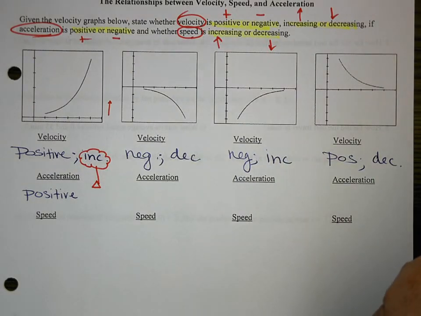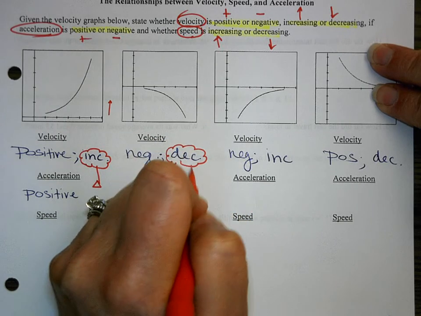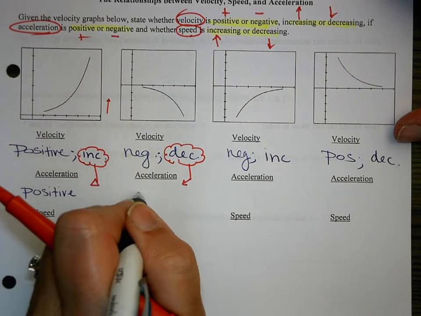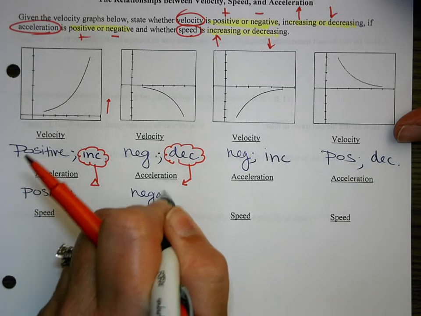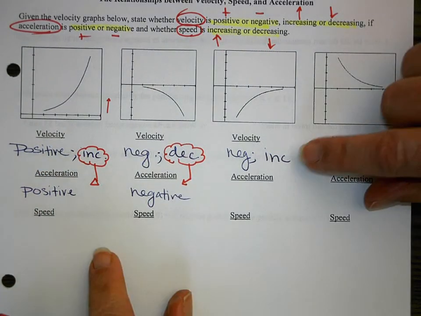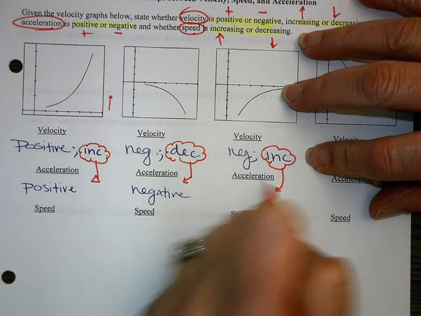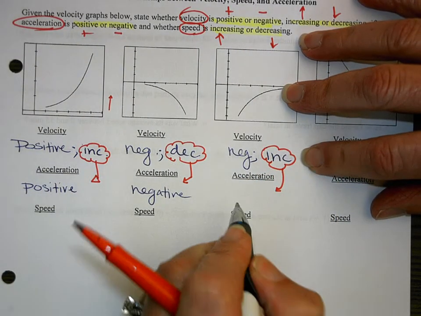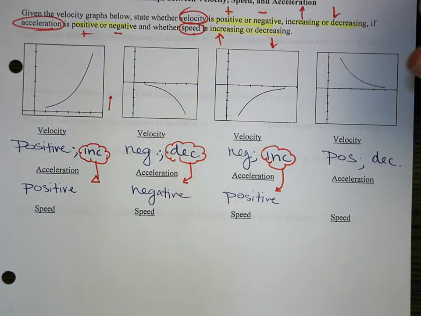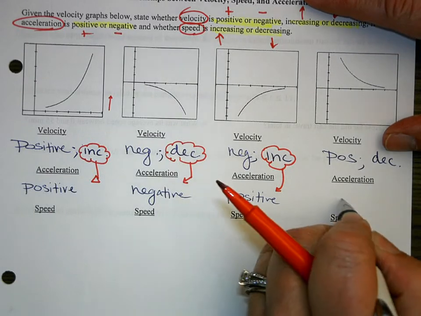So right here, because velocity is decreasing, acceleration would be negative. Okay, so same reasoning here. Because velocity is increasing, our conclusion about acceleration is that it is positive. So the slope is positive, right? And then finally, because velocity is decreasing, acceleration would be negative.